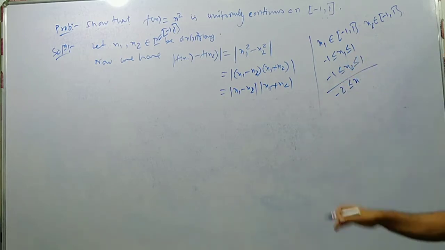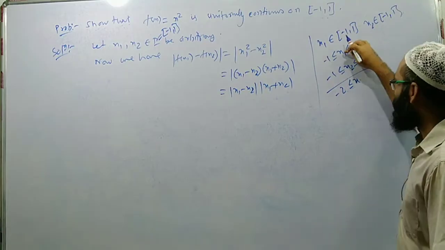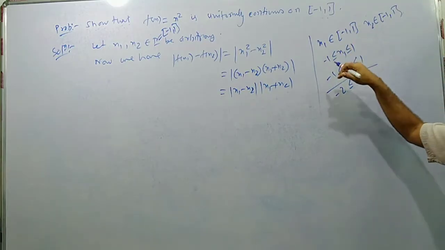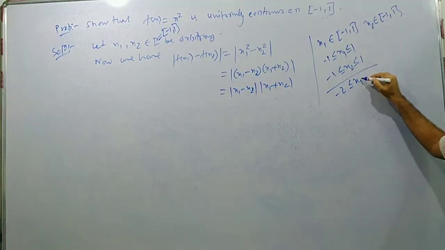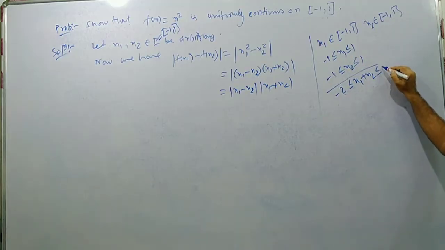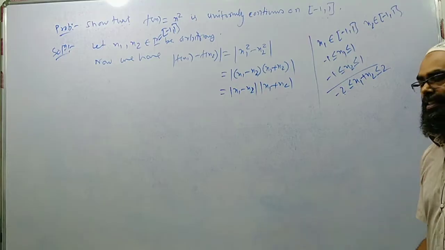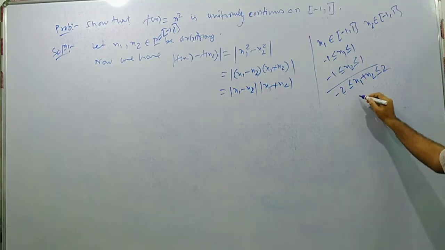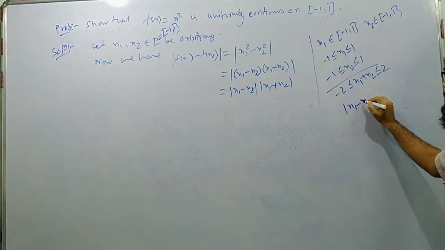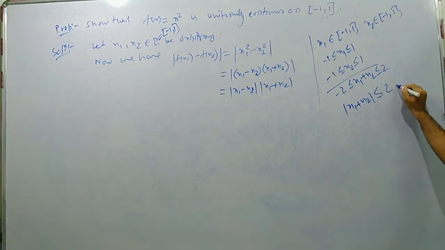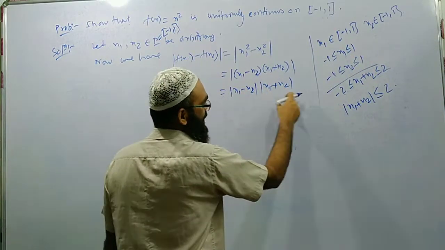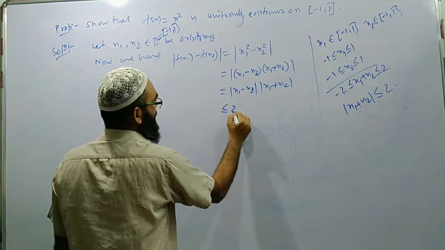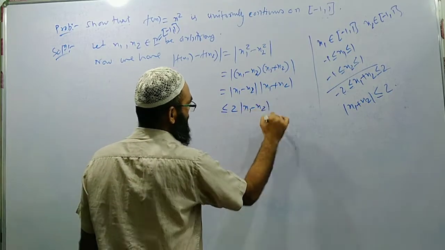If we add these two column wise, then we get minus 2 less than or equal to x1 plus x2 less than or equal to 2, that is in modulus notation, mod of x1 plus x2 less than or equal to 2. So this expression is less than or equal to 2 mod of x1 minus x2.